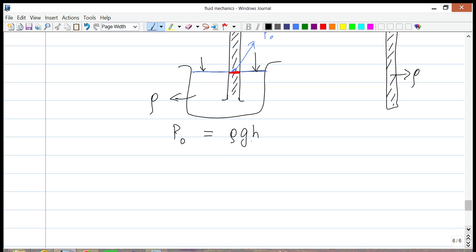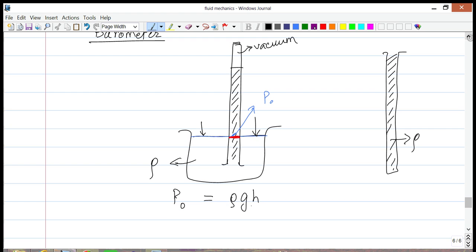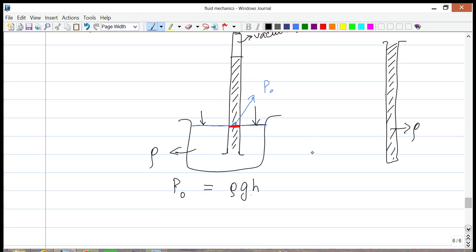Now typically we would like to use a liquid with as high a density as possible, because the higher the density of the liquid, the smaller the barometer that we need.